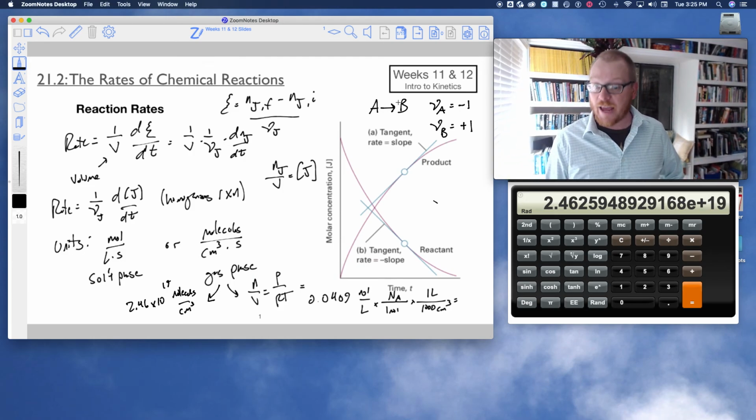And B, the product, has a positive rate, so it evolves in time. The slope at any one point along this reaction is the rate, in mole per liter per second in terms of molar concentration, or gas phase molecule per cubic centimeter per second.